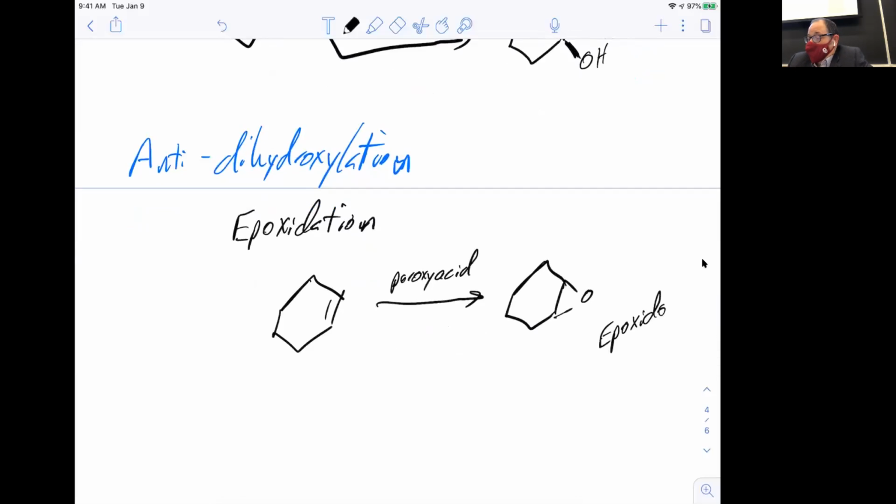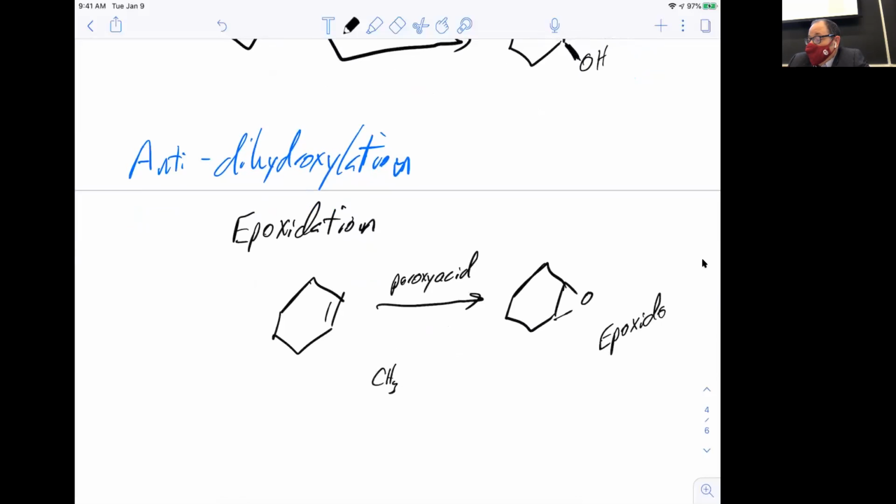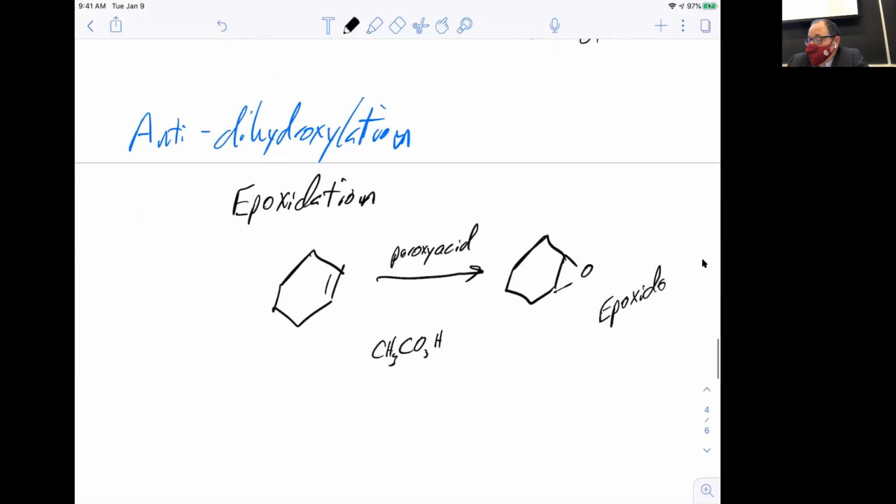The ones that you're going to see, you'll see CH3CO3H. You'll see something called MCPBA, and the P stands for peroxy benzoic acid.